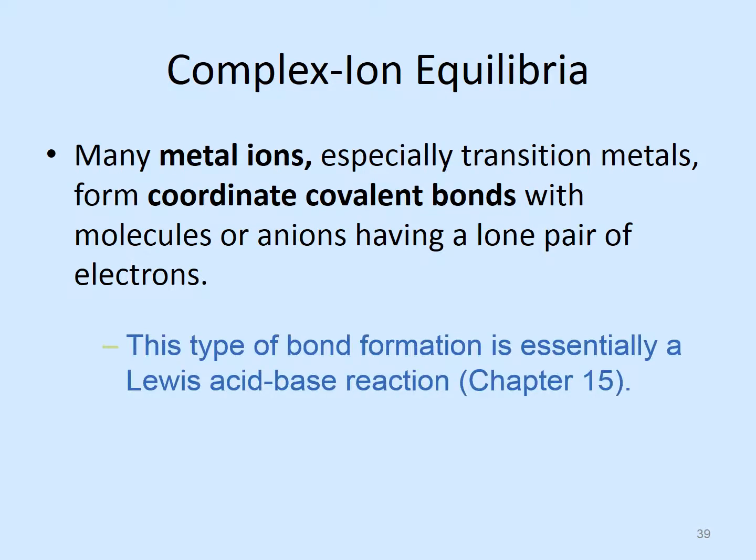It's really a Lewis acid-base reaction, like we talked about in chapter 15, but the main thing is that you're going to see a color change. The reason I bring this up is that one of the labs we're going to do will have some complex ions, and in fact the equilibrium lab also has some complex ions.